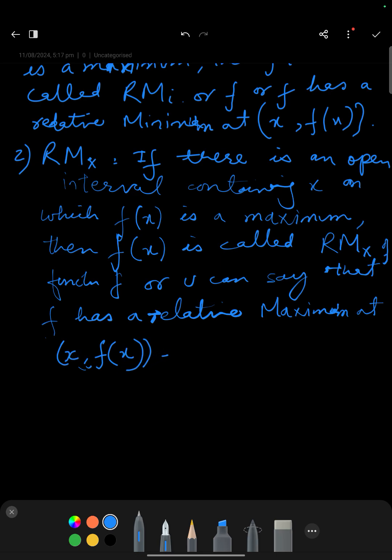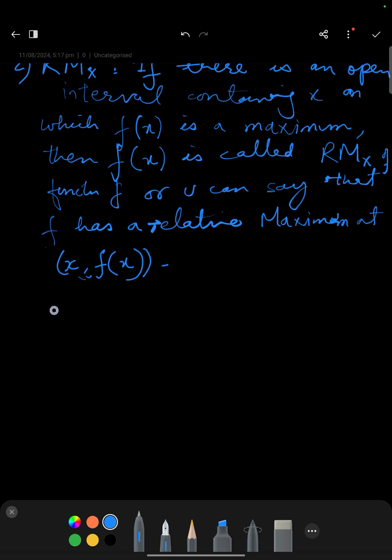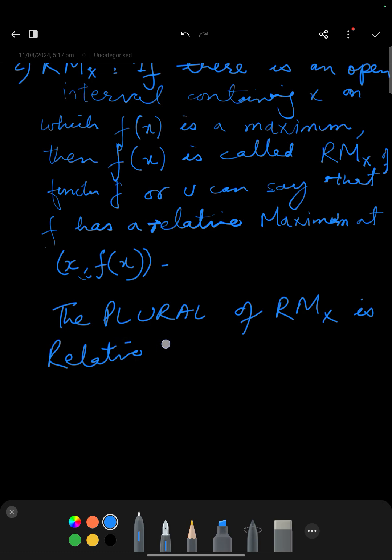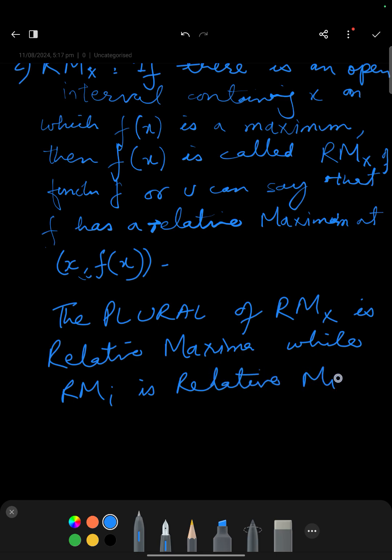I am using minima and maxima here because the plural of relative maximum is relative maxima, while the plural of relative minimum is relative minima. Minima and maxima are plural words, while minimum and maximum are singular. So that's why I am using it.